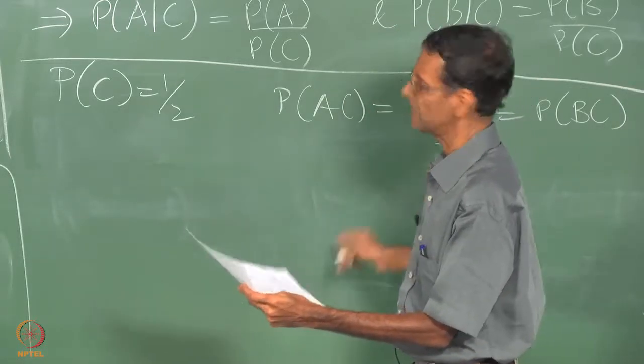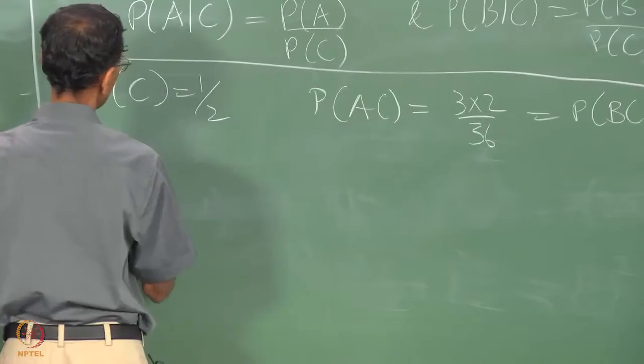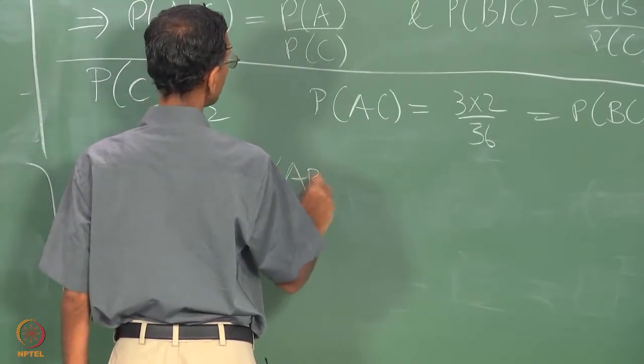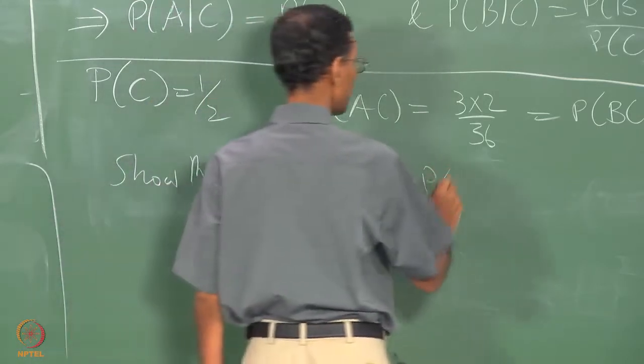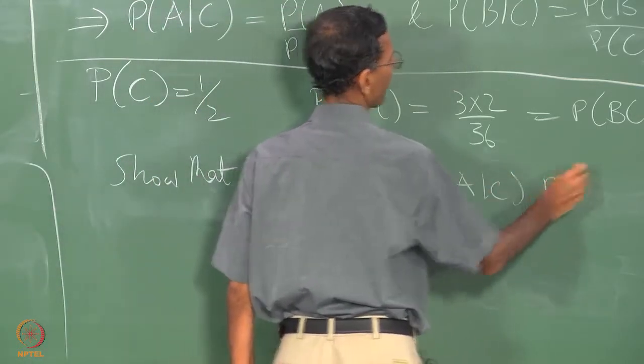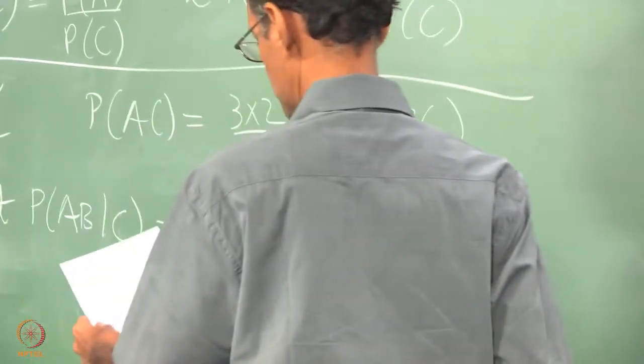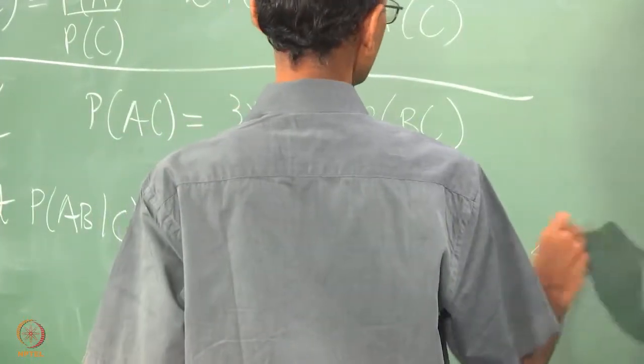You need all of these things, and you have to show that P of AB given C is P of A given C multiplied by P of B given C, so in this case it is exactly equal to 4 by 36.